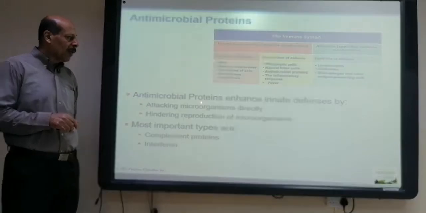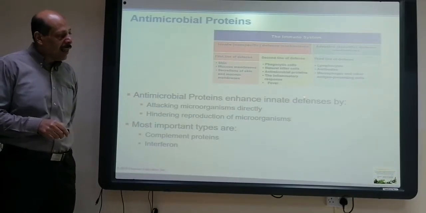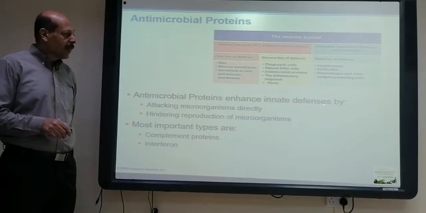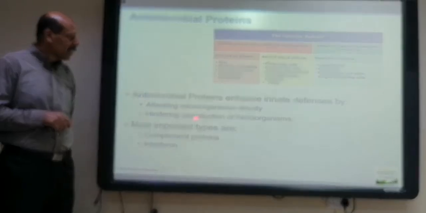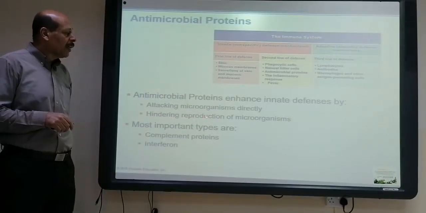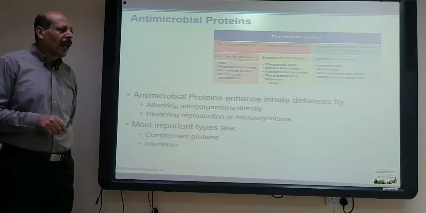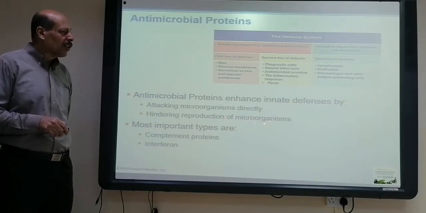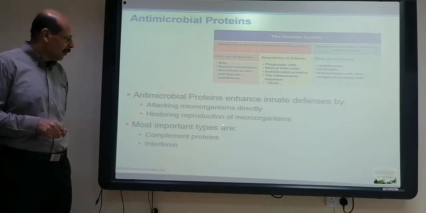The antimicrobial proteins in our body enhance the innate defense mechanism by attacking the microorganism directly and also hinder, prevent or alter the reproduction of the microorganism itself. So it will prevent its multiplication.